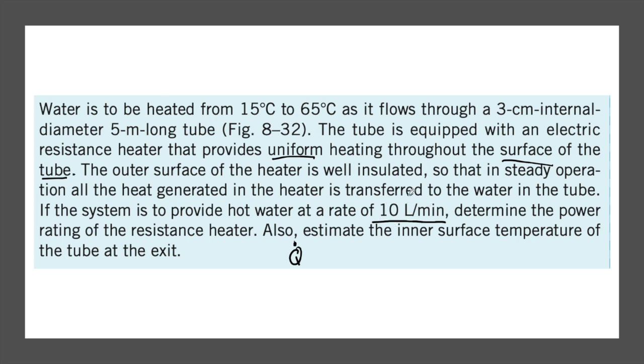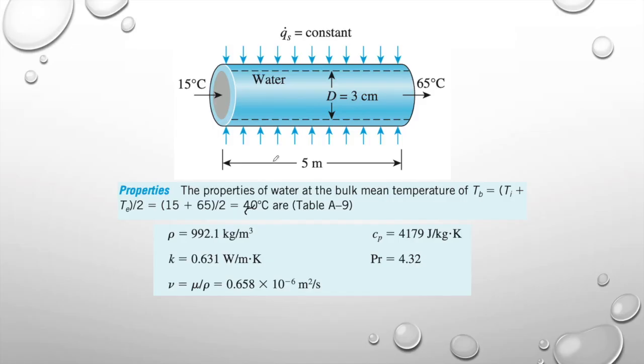So here, from the figure, we have the volumetric flow rate, and we have T inlet, 15 degrees Celsius, and then 65 degrees Celsius. From here, we can directly use the equation Q dot equals m dot Cp (T exit minus T inlet), because all the information has been given in the question.